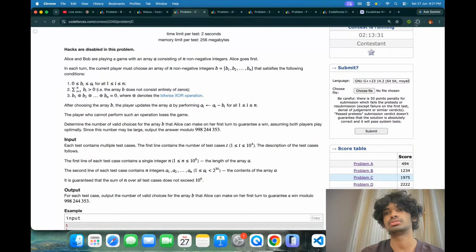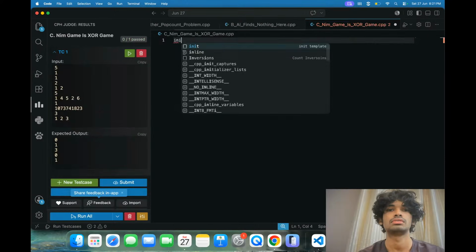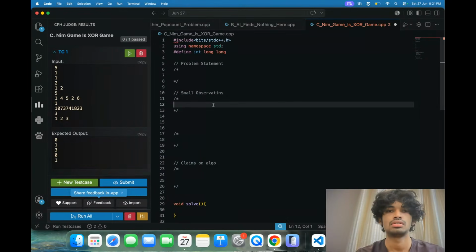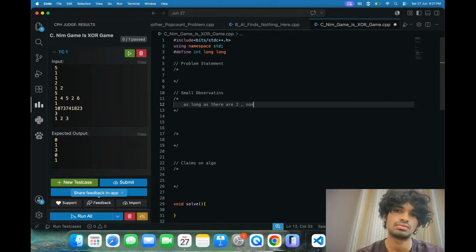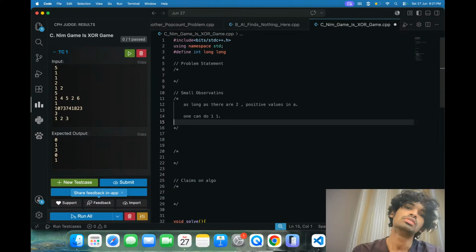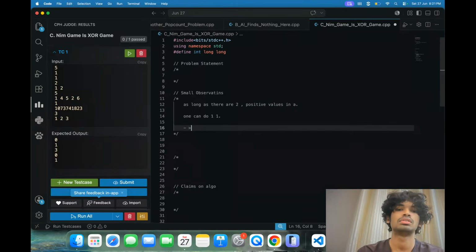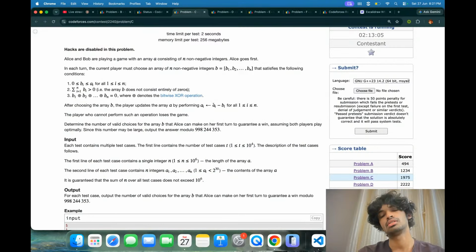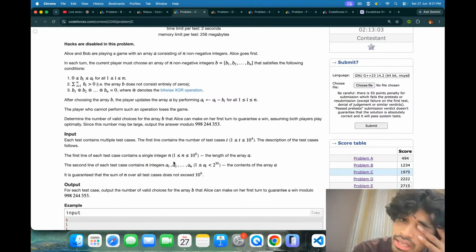Let me write some things down quickly. So, a losing position is... A is non-negative.